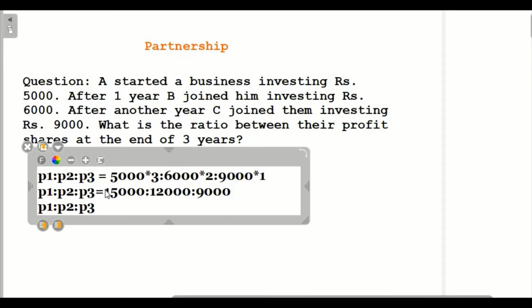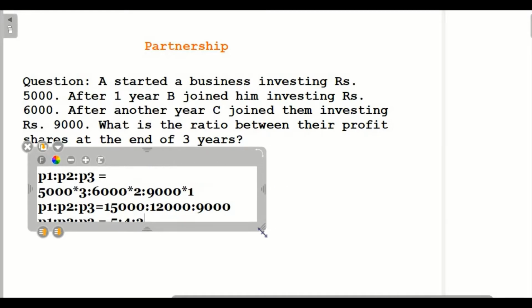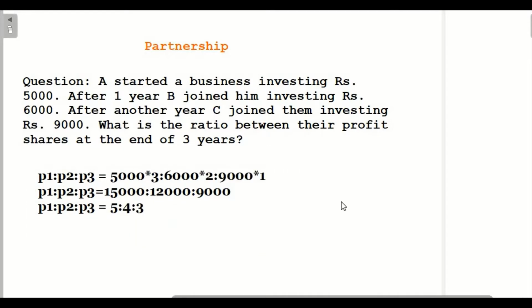So we get our ratio value, that is 5 is to 4 is to 3. This is a very easy sum compared to other problems. So our answer will be 5 is to 4 is to 3.